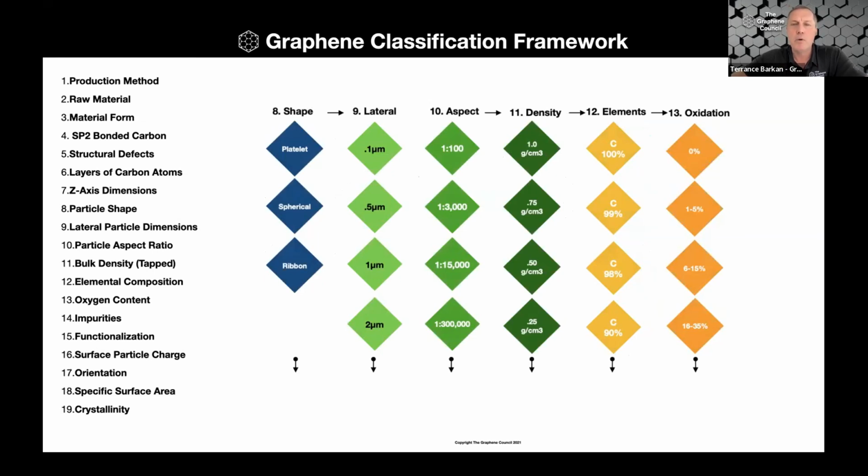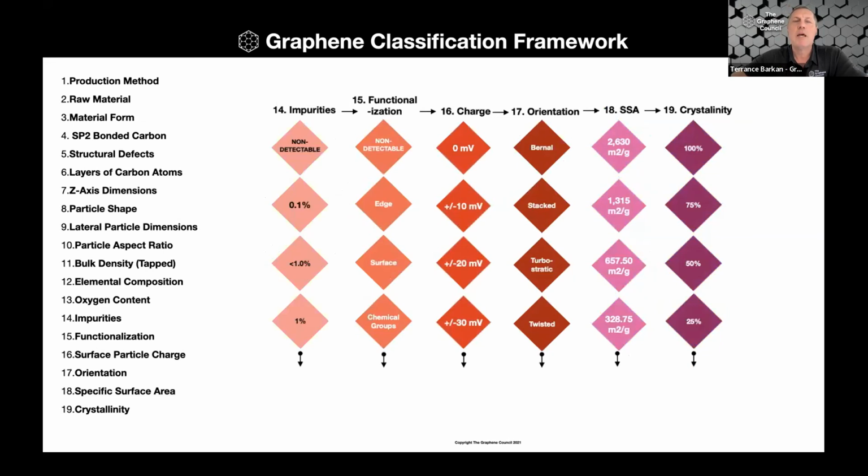Now you know why there are so many different types and forms of graphene material, because you can have any combination of these different values. You'll result in a different morphology and chemical composition of the graphene in question, which then performs differently depending on the application.